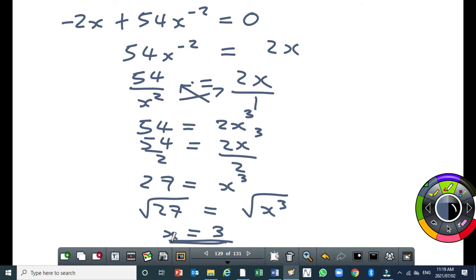So your answer is going to be a positive 3. Now, this is the first part of the question, which is very important. Finding the x value is very important. But for you to find the minimum value of p, you need to get a correct x value first. If the value of x is incorrect, then you won't get a correct value of p. So I've done the first part. Does anybody else have any question?